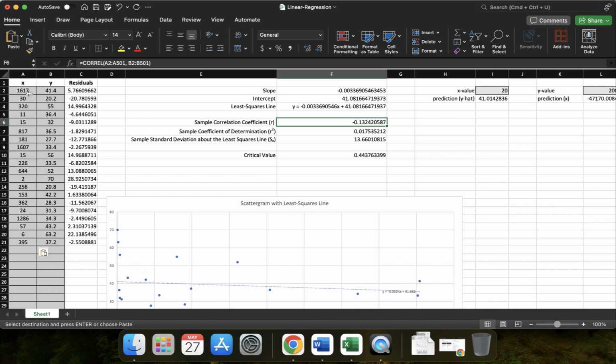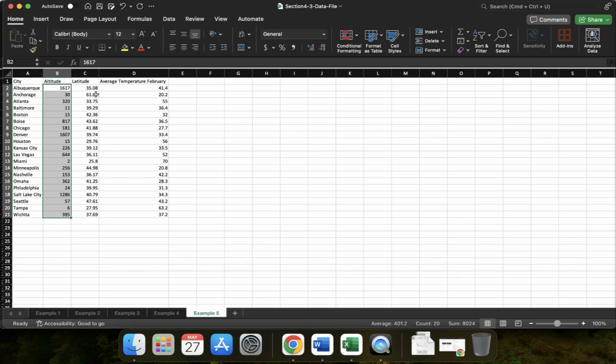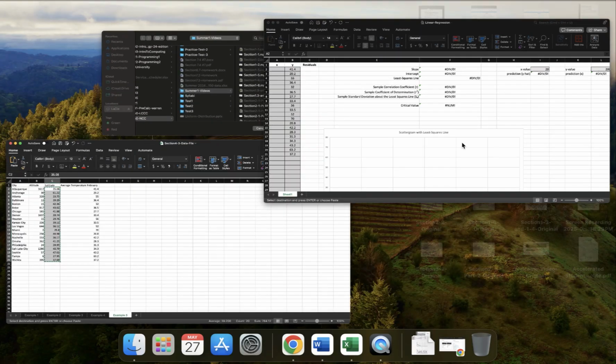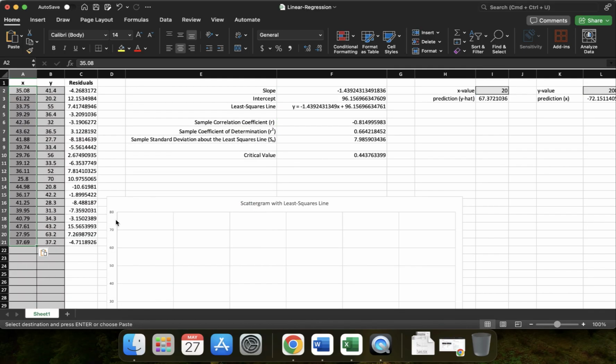Okay, so switch in this one. Just going to get rid of that one for now and switch it to latitude. And we get a much larger correlation coefficient, larger in absolute value, that is.